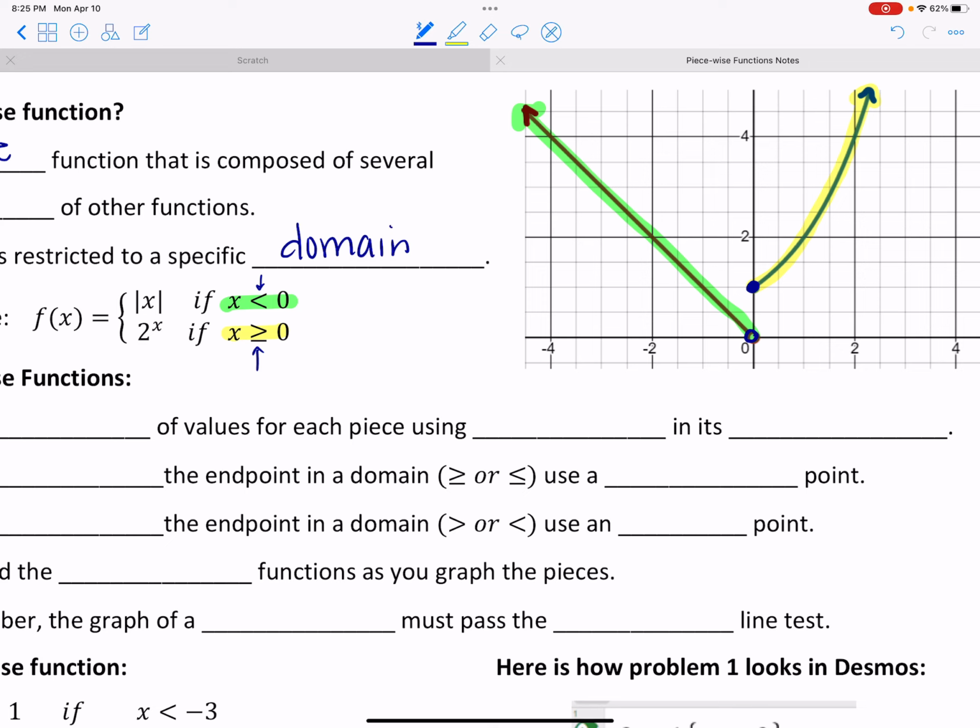The only possible issues that will arise would be right here, and that's where overlap could happen, but because one of the domains includes 0 and the other doesn't, one is an open circle, one is closed, only one of those points is defined in the function. So if we put a vertical line there, we would only be counting the point that is closed. We would not be counting the open point, if that makes sense.